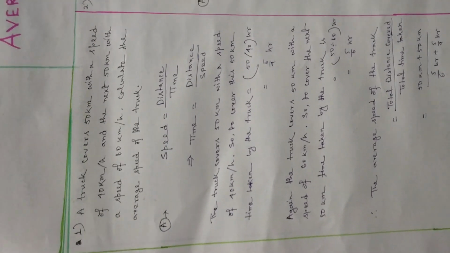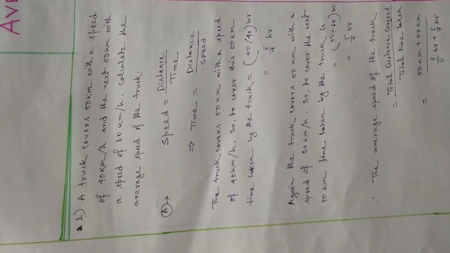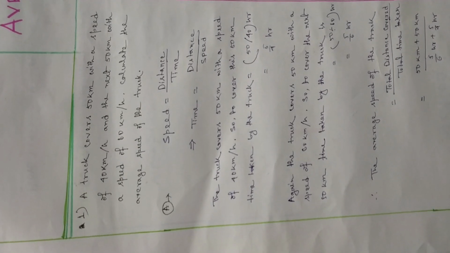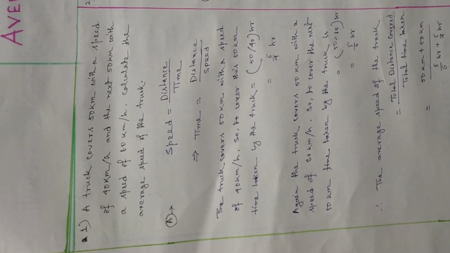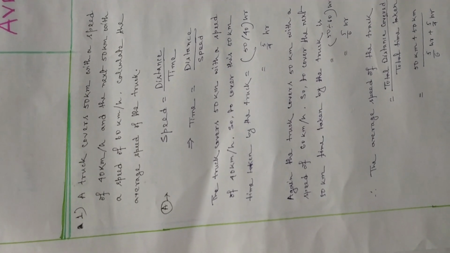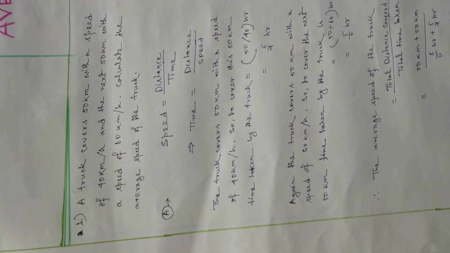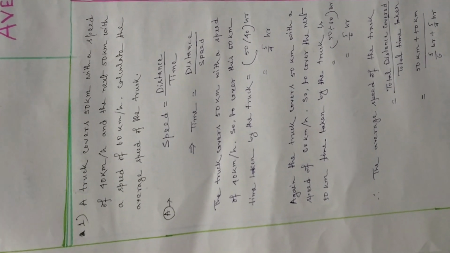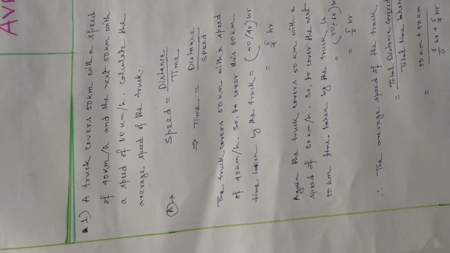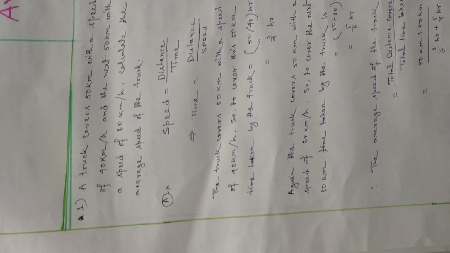So we know speed is equal to distance by time and average speed is equal to total distance covered by the truck by total time taken by the truck. So total distance covered by the truck is 100 km because it covers the first half in 50 km and the second half is also in 50 km.